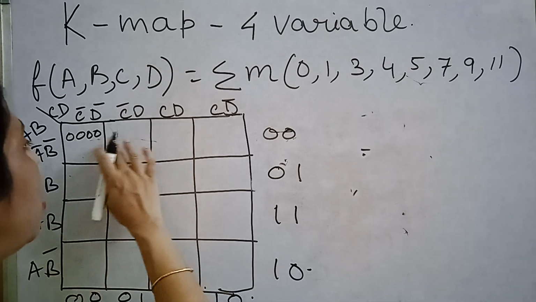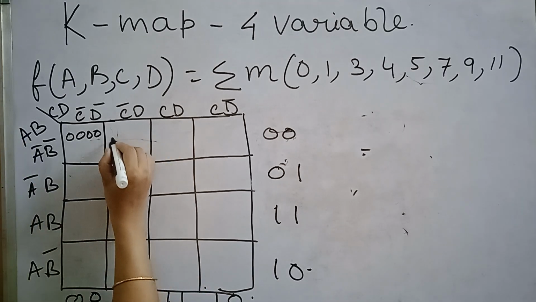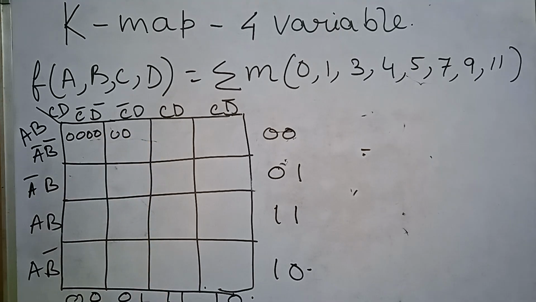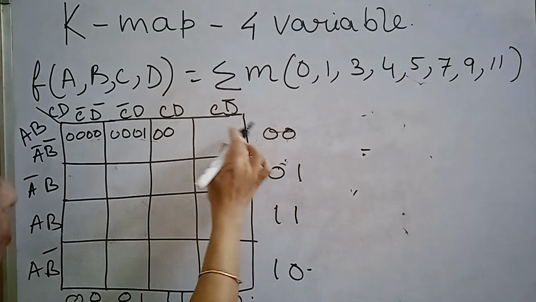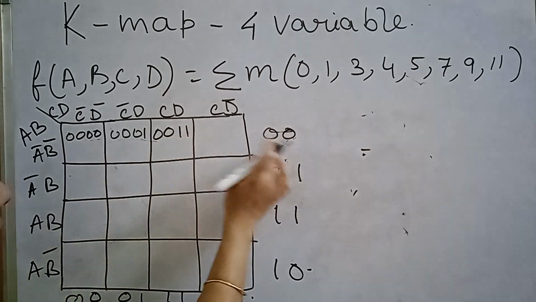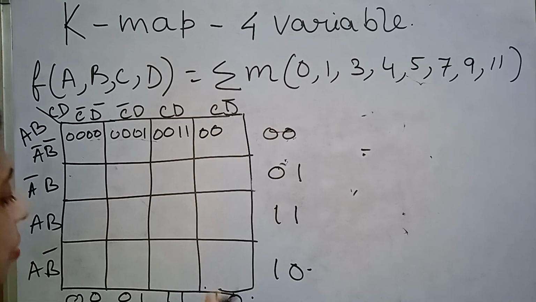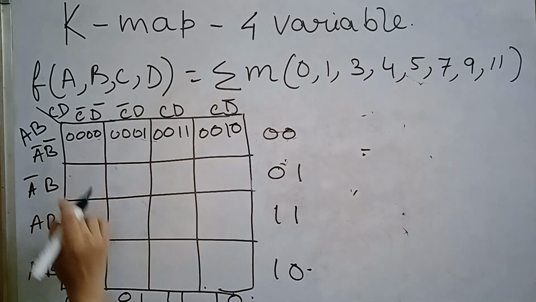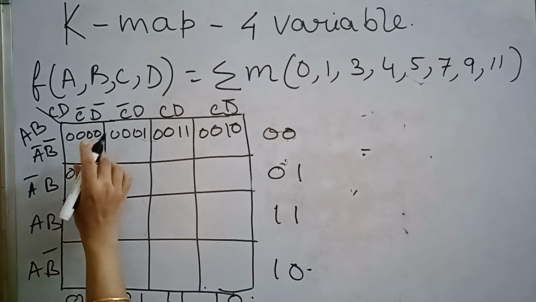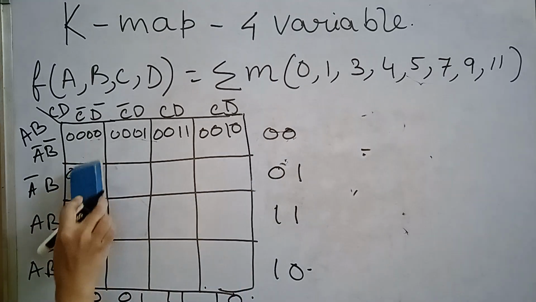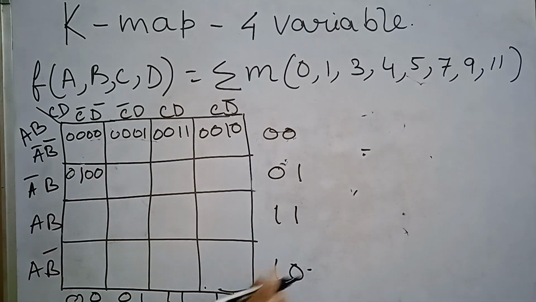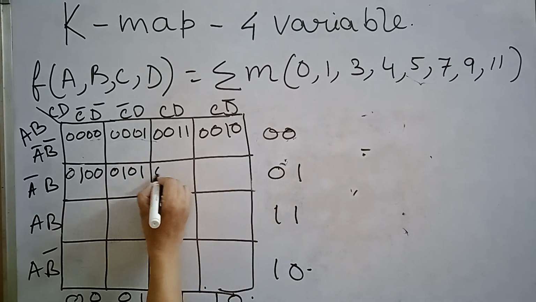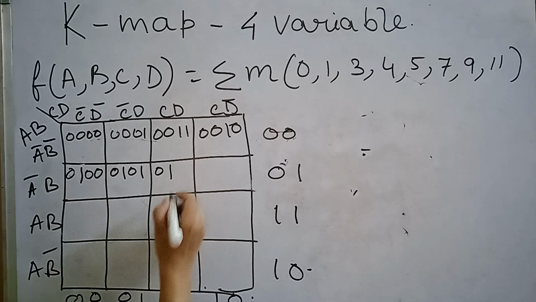Now what will be the second box? This is 0, 0, then 0, 1. The third box will be 0, 0 from rows, from column 1, 1. This one will be 0, 0 and 1, 0. This one will be 0, 1 from rows, 0, 0 from columns. This one will be 0, 1, 0, 1. This one will be 0, 1, then 1, 1.